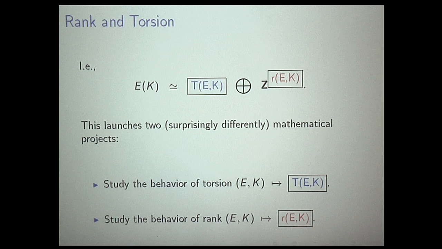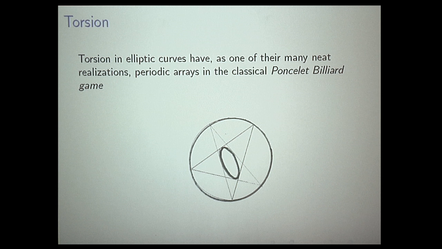Let's say its torsion, which I'll call T of E(K), and its rank that I'll call R of E(K). The minute you have this theorem, you really have two research projects ahead of you, namely to study the behavior of torsion as a function of the elliptic curve and the field, and to study the behavior of rank. And I'll talk a little bit about both of them.